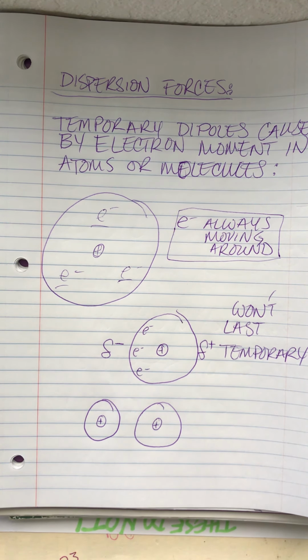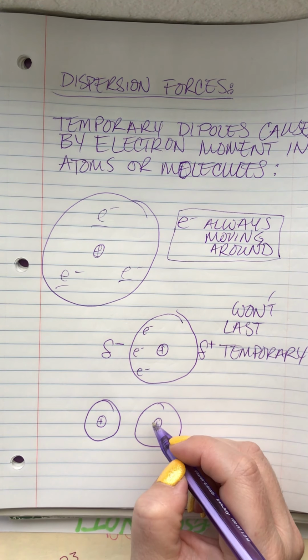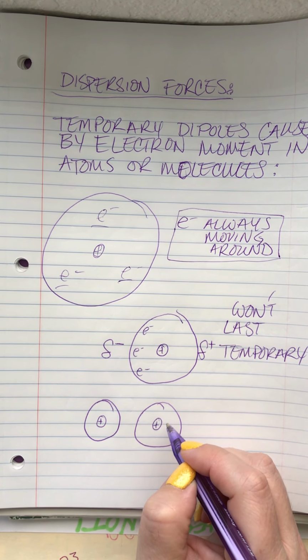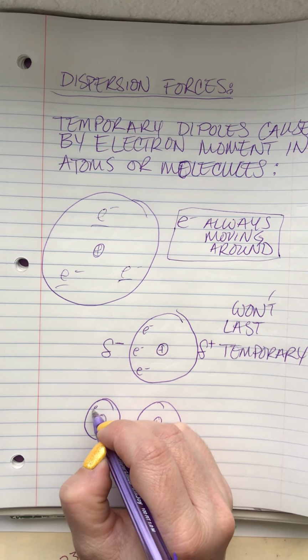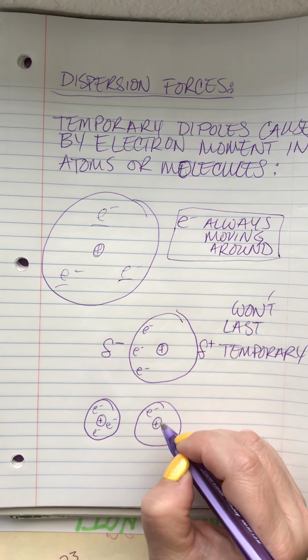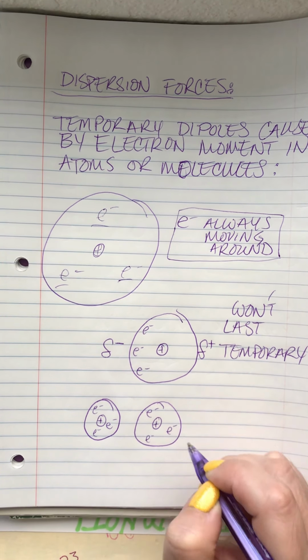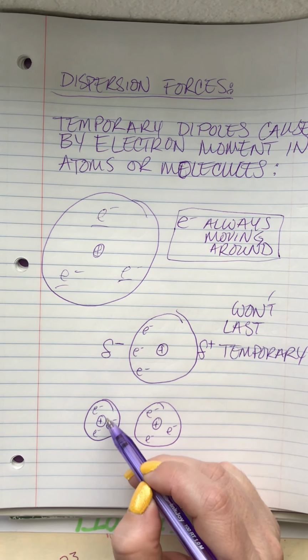I love it. Okay, so you can imagine that if you're bringing two atoms close together, right, that if you have these electrons naturally wanting to be separated out, bringing them close together, what's going to happen to the electrons in this guy?